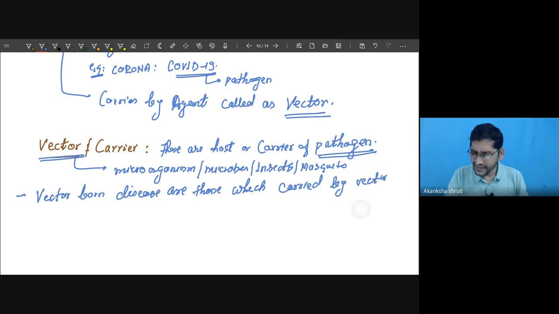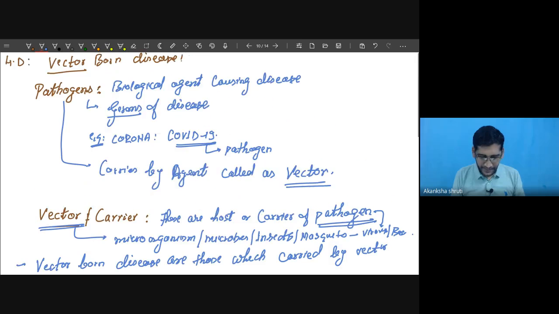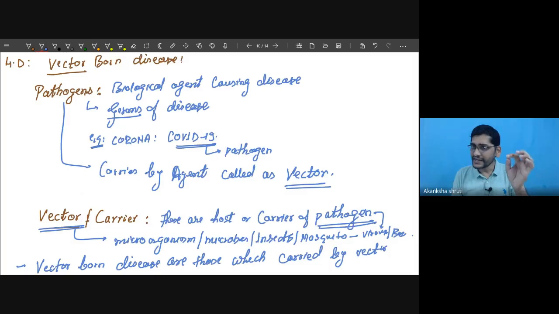So all these which carry the pathogens, the pathogens are mostly your virus or bacteria. But these virus and bacteria must be present over some carrier. So that carrier is the vector, but the pathogen means that small germ.